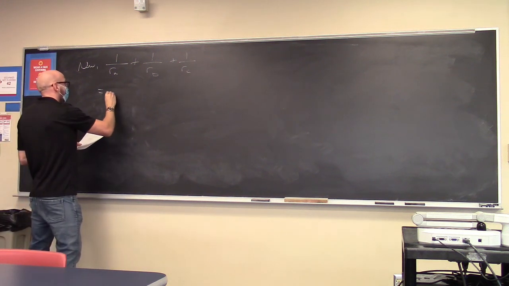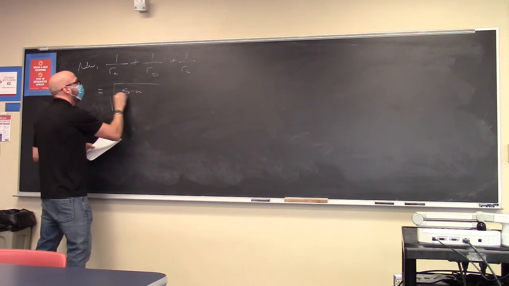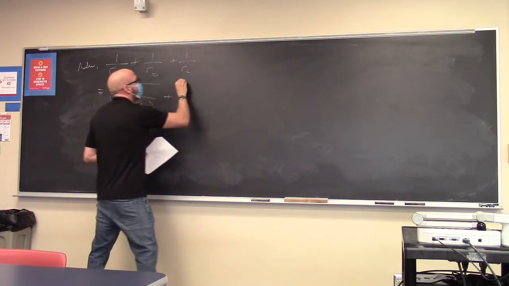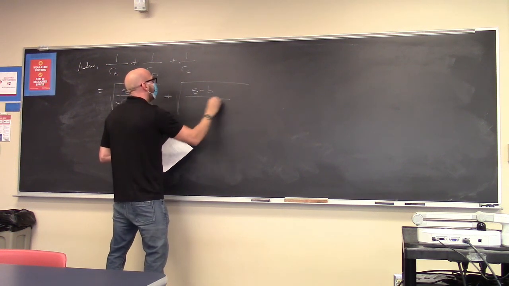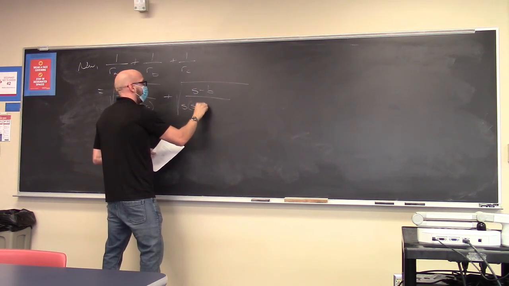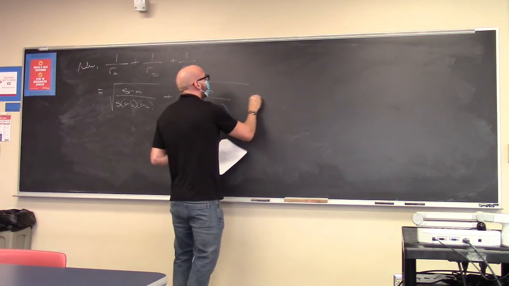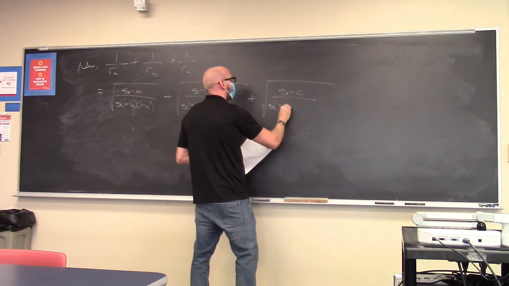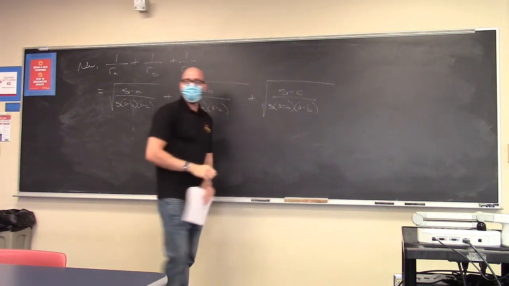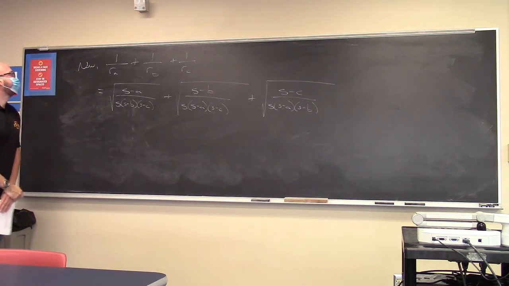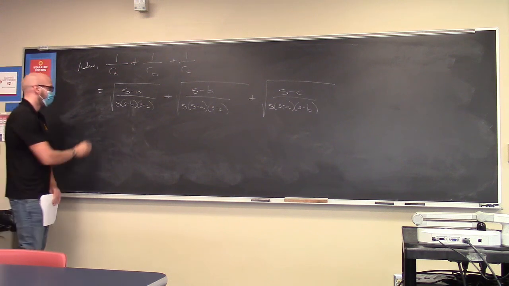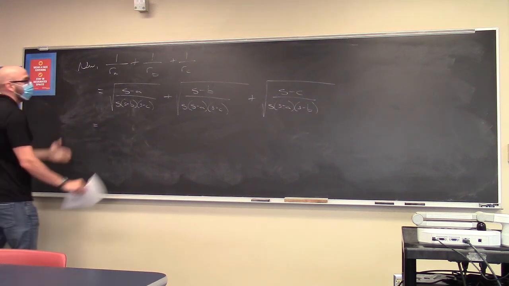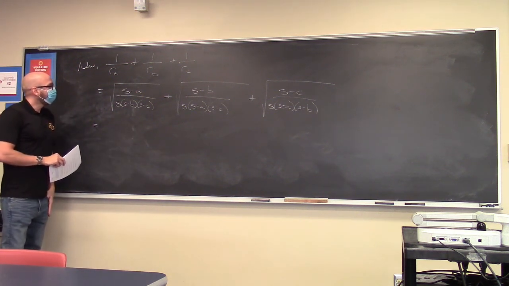It's the reciprocal of the expressions we just had, so we're going to have the square root of (s minus a) over s times (s minus b)(s minus c), plus the square root of (s minus b) over s times (s minus a)(s minus c), plus the square root of (s minus c) over s times (s minus a)(s minus b). What do I want to do? I want to put them over a common denominator, so that I can combine them together as a single expression.